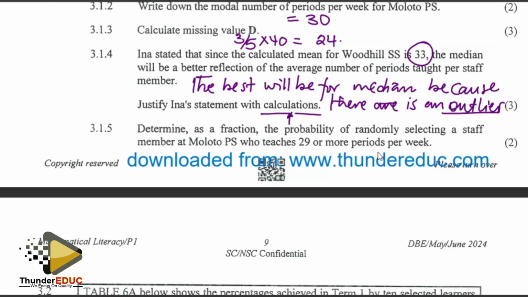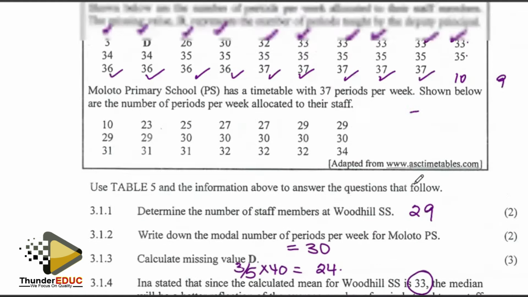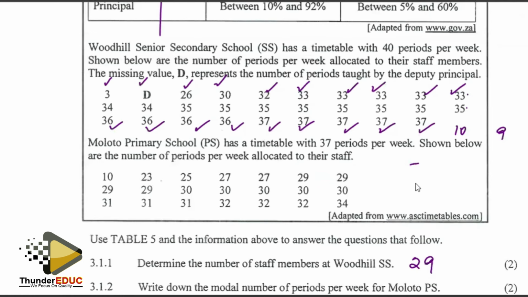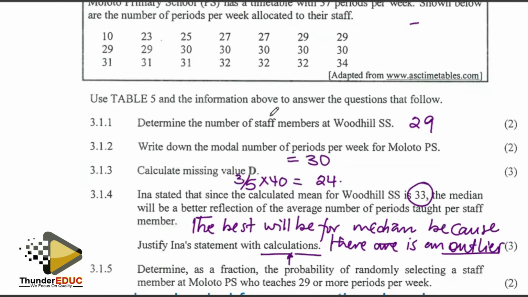That weird number, the extreme number. When you look at all these values, these are almost next to each other, but there's a 3 here. 3 is far away. So median is better when data has outliers.